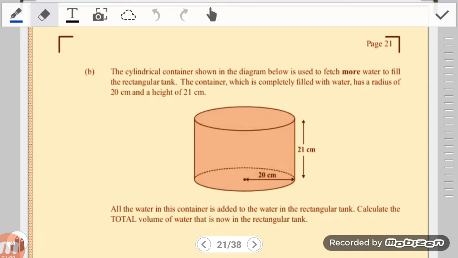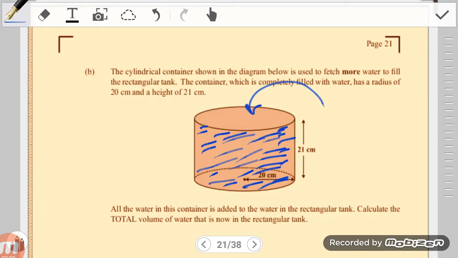Alright, so they didn't tell us that we need more than one. They're just expecting us to assume that just one round of this container is going to be poured into the rectangular tank. So let's say I was to fill this with water. Alright, so the water will be up to the brim here.